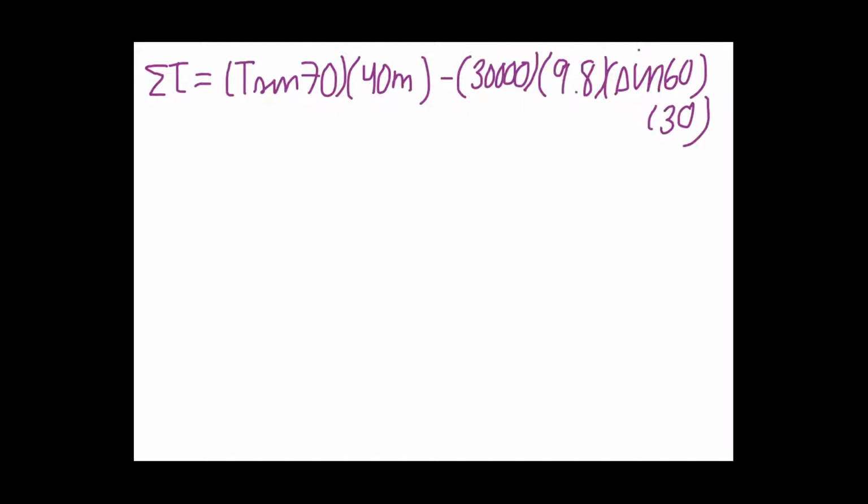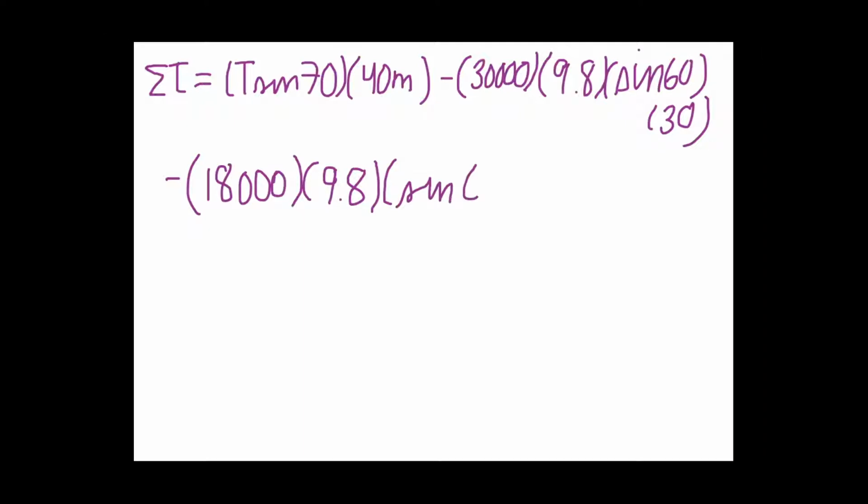And we're going to subtract our last force, which is very similar to the force due to the car, but rather than using 30,000, we're going to be using 18,000, as that is the mass of the bridge. Again, we're looking at mg, so that's 9.8, acting at the same angle, as gravity acts directly downwards, sine of 60.